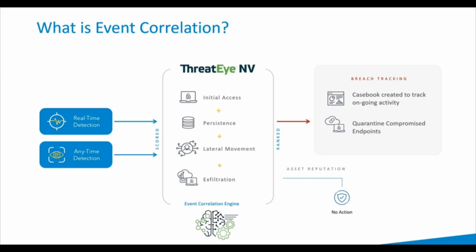Was there a persistence mechanism taking place? Was there lateral movement or exfiltration? These other activities are follow-on activities to the initial access. And that is how we do breach tracking. So our breach tracking mechanism will actually link these different findings together in a timeline and provide additional context over that timeline.